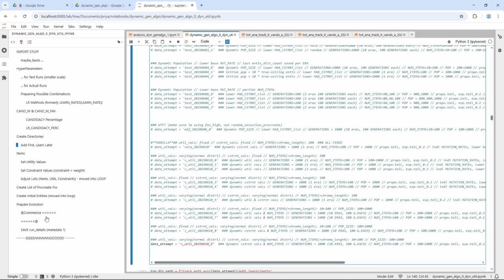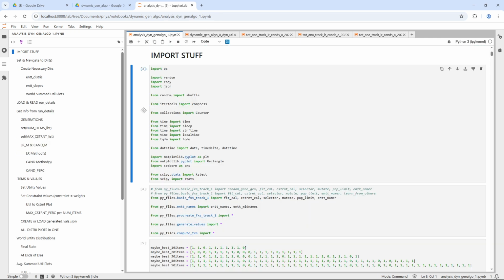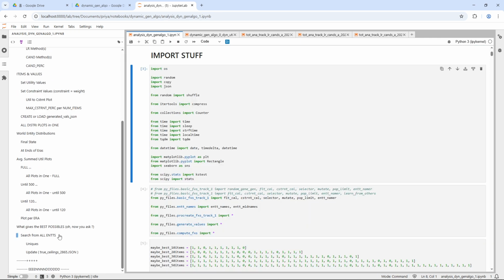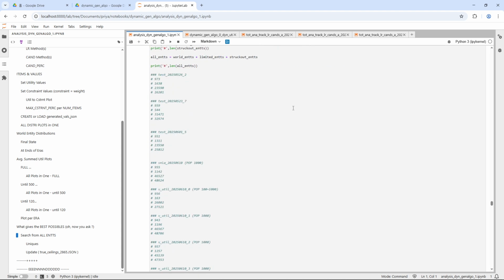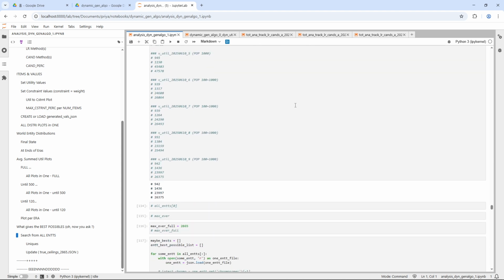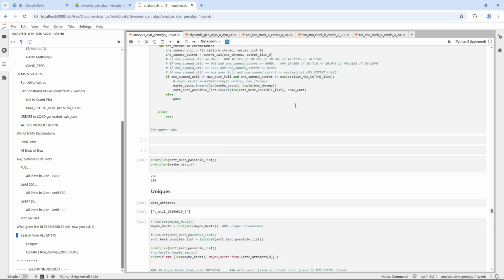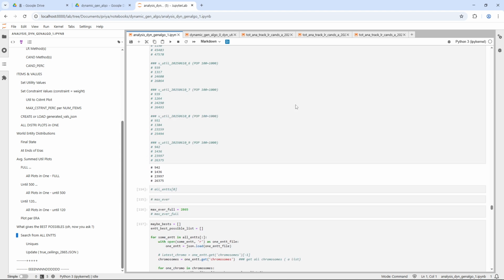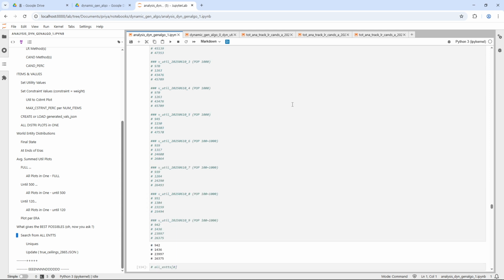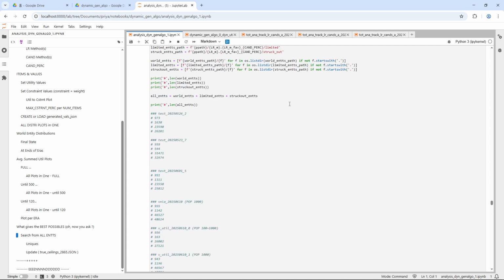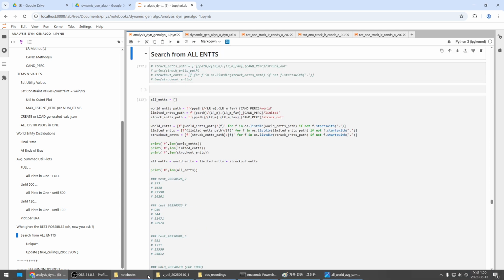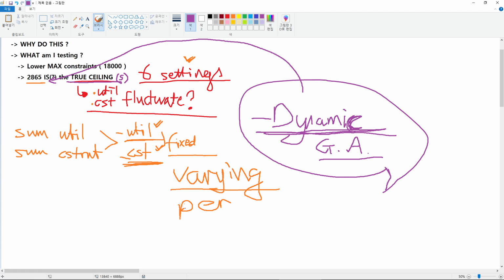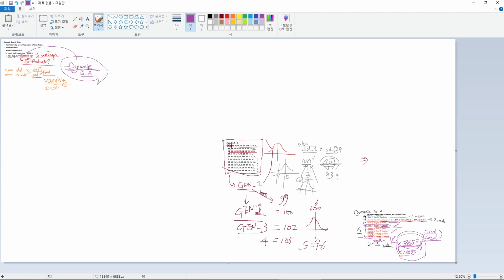So what? Well, I had to do something to see to that. I made a new notebook, with a new part that would extract all the true ceilings, following where is it?